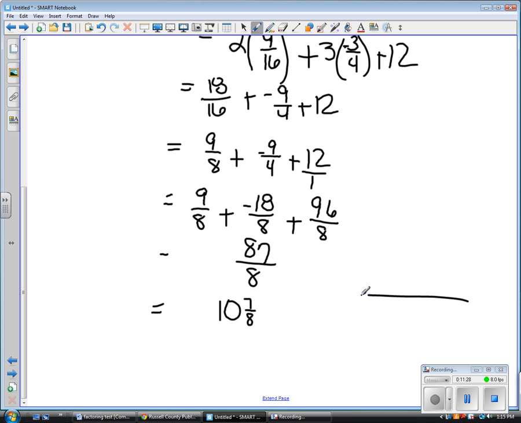So when I'm looking at my graph, we already said the axis of symmetry was at negative 3/4, right? Here was my negative 1. Here was my negative 3/4. When I plugged in negative 3/4 for x, my y came out as 10 and 7/8, correct?